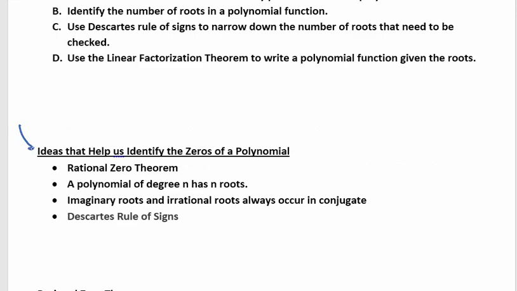Alright, so we are going to take a lot of ideas and put them together to find the zeros of a polynomial. And remember, the zeros of a polynomial, now we're getting into more complicated functions here, so our polynomials could cross the x-axis at several locations.